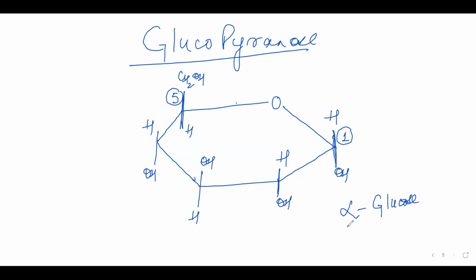Alpha. अल्फा ग्लूकोज। और जब मैं इसको बीटा ग्लूकोज बनाऊंगा तो मैं इस OH को फ्लिप कर दूंगा towards this side.